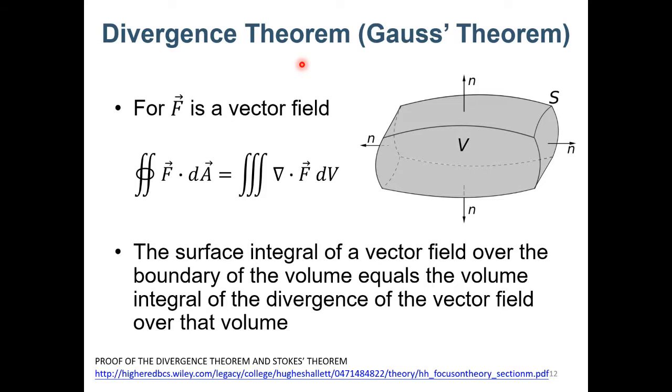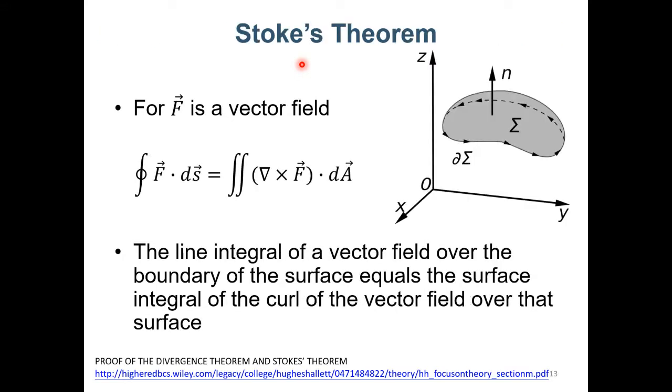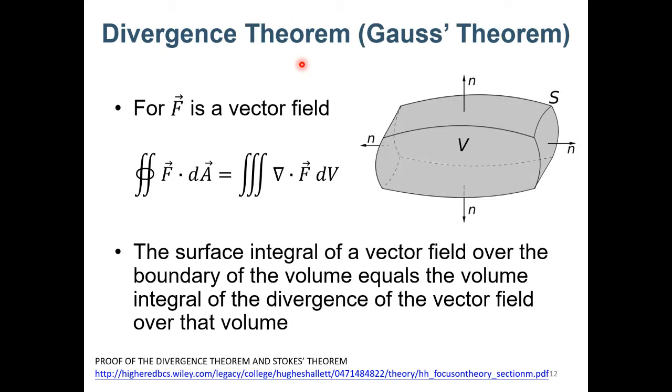So last lecture you asked a very good question, because the Maxwell equations try to relate the single integral with the double integral, and also the double integral with the triple integral. But how they are related is mostly about these two theorems. One is the divergence theorem, another one is the Stokes theorem.